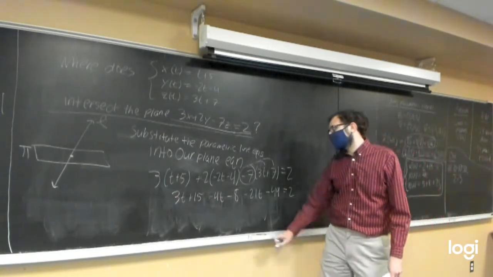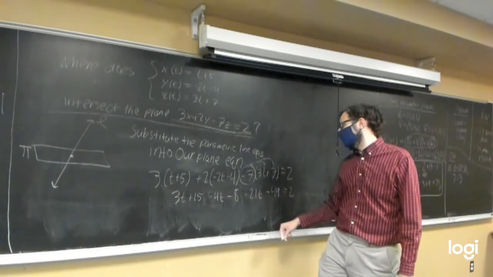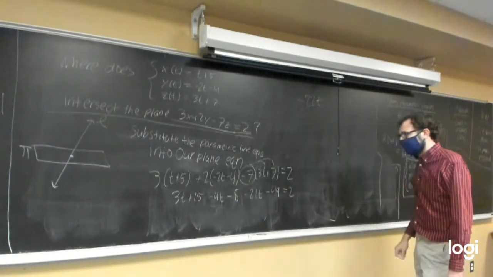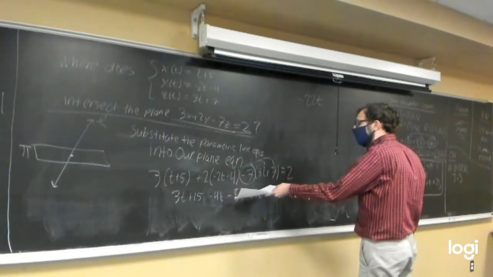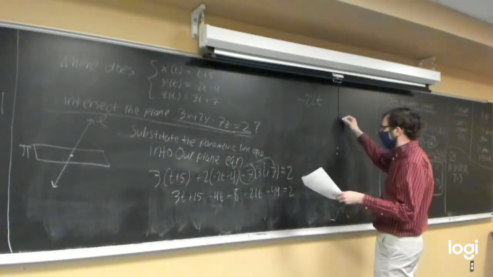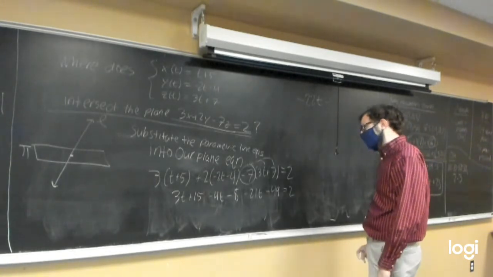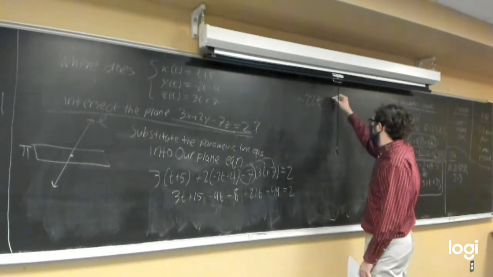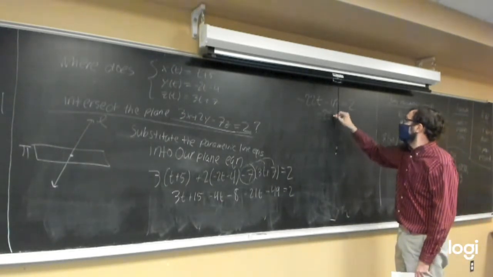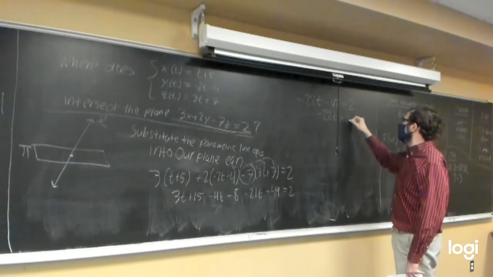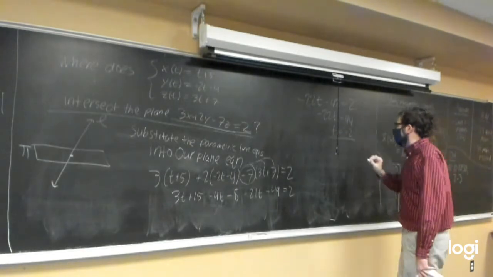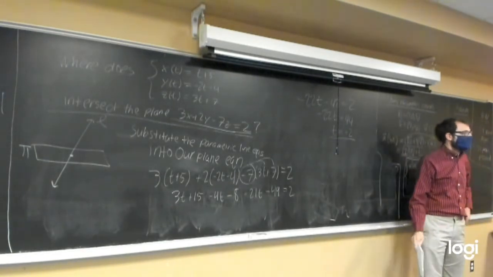If we combine, we'll get 3 minus 4 is negative 1, minus 21 is negative 22t, plus 15 minus 8 is plus 7, minus 49, let's see, 7 minus 49 is negative 42. And so if we add 42 to both sides, we'll get negative 22t equals 44, which we can solve and find that t has to be equal to negative 2.